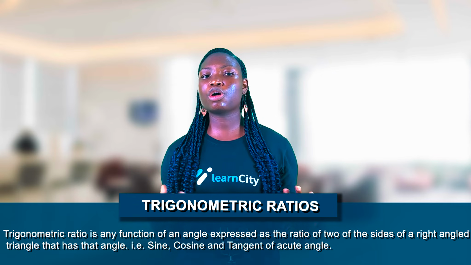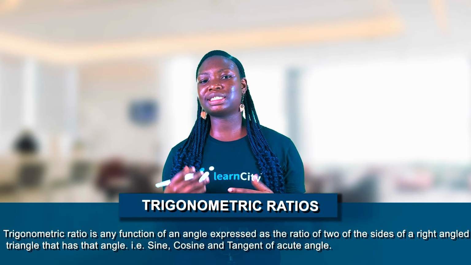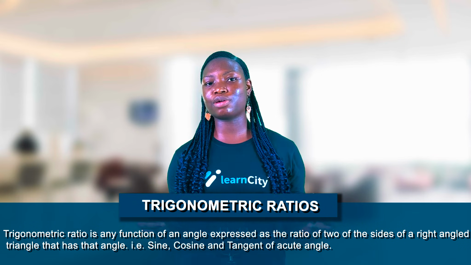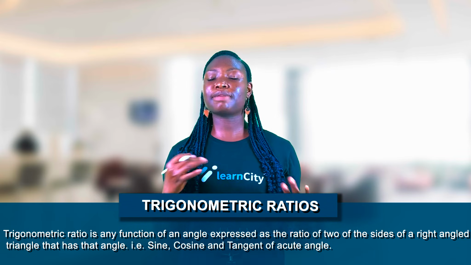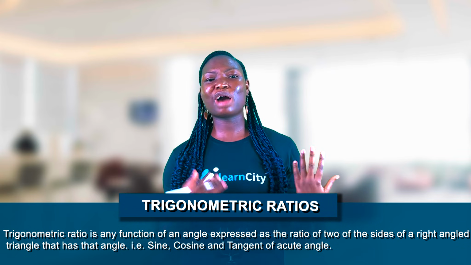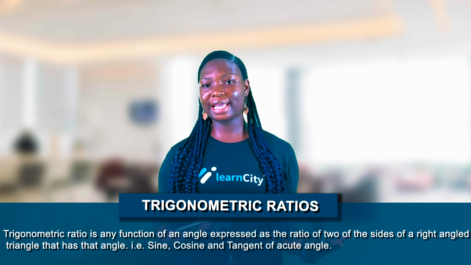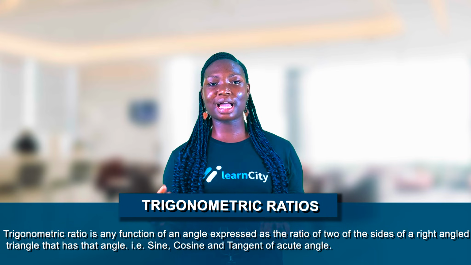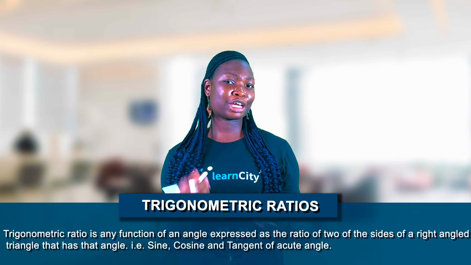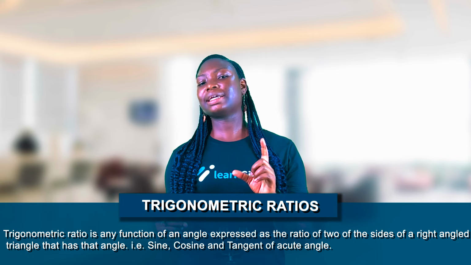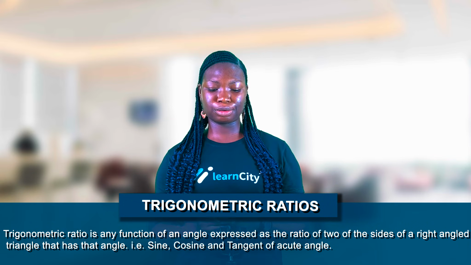A trigonometric ratio, just as we said in our last class under trigonometric functions, is basically the same thing, where we are talking about the sine, the cosine, and the tangent of an acute angle of a right angle triangle.